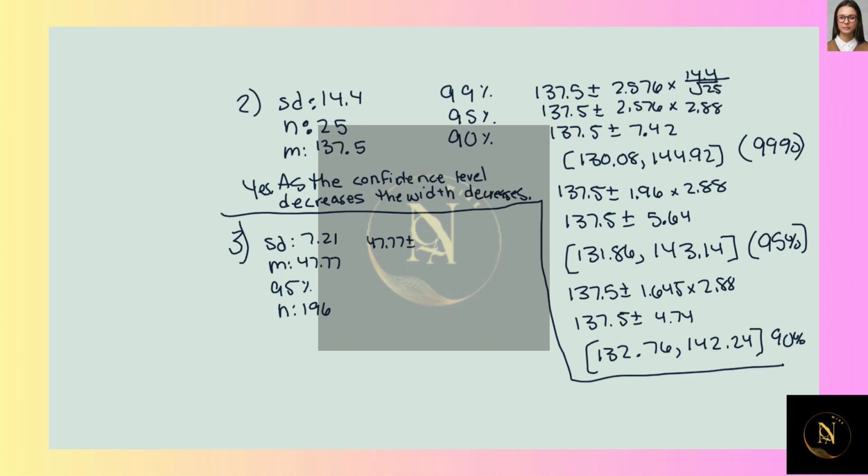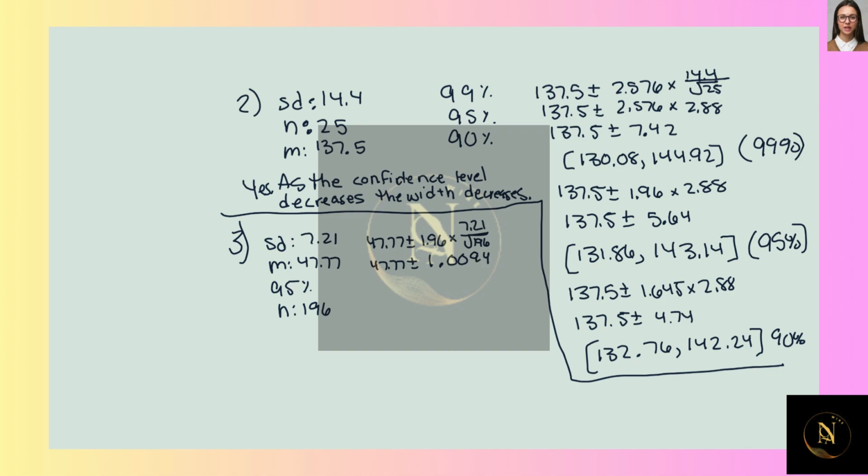1.96 times the standard deviation of 7.21 divided by the square root of 196. So 7.21 divided by the square root of 196 times 1.96 is 1.0094.